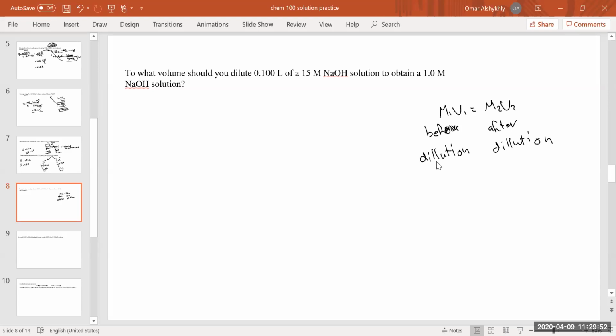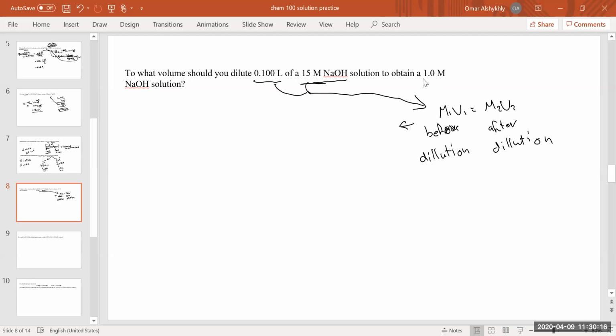Okay, so let's look here at what we have. We have at the beginning 0.1 liter, 15 molar. So these two will represent the stock solution, that means the concentrated.